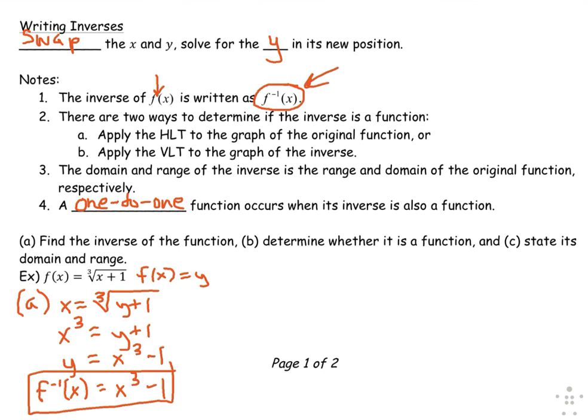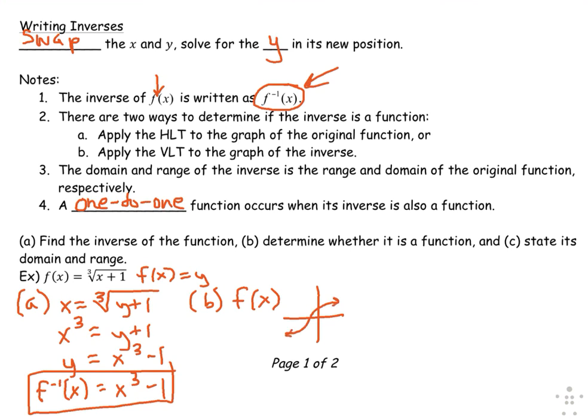In this example, there are two ways in part B to determine whether what we found is in fact a function. You could consider the graph of the original, which would look as a cube root function, something to this effect.